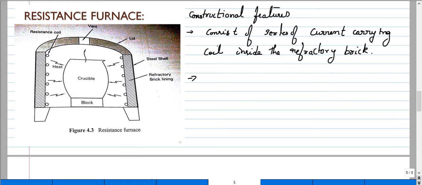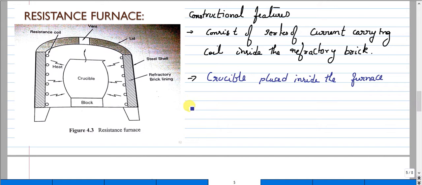and again you can notice the same crucible placed inside the furnace.